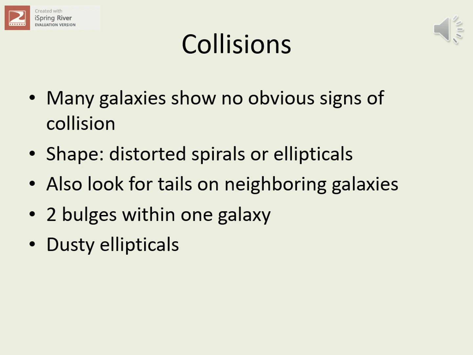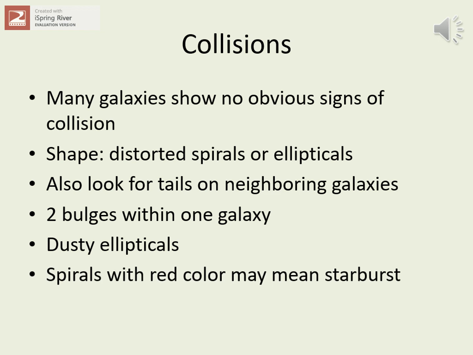And you might see something that looks like a clear spiral, but which has a very red color. That could be telling you that this is a starburst galaxy and it's going through very rapid star formation, triggered by a recent collision. If you see any of these or any other indication that suggests to you that a collision has happened, describe it and make sure you explain how you can tell this galaxy has collided.